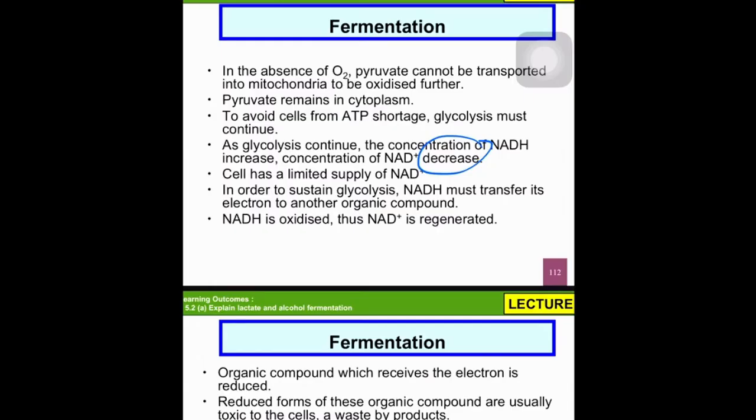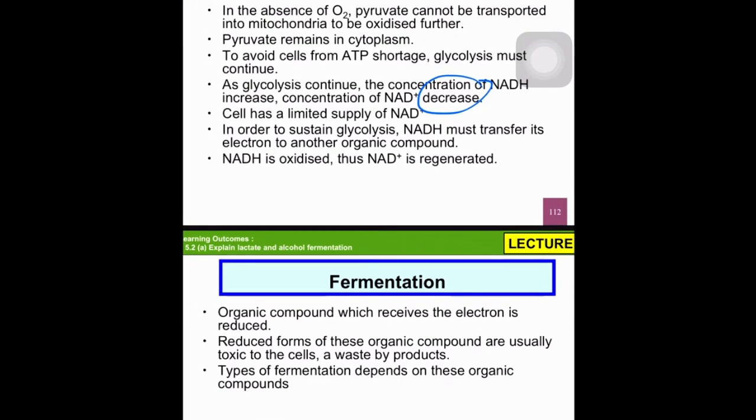So, in order to sustain glycolysis, NADH must transfer its electron to another organic compound. Barulah bila NADH ni dia dah ditransferkan kepada organik compound yang lain, then barulah NADH ni akan dioxidize. So NAD plus is regenerated.